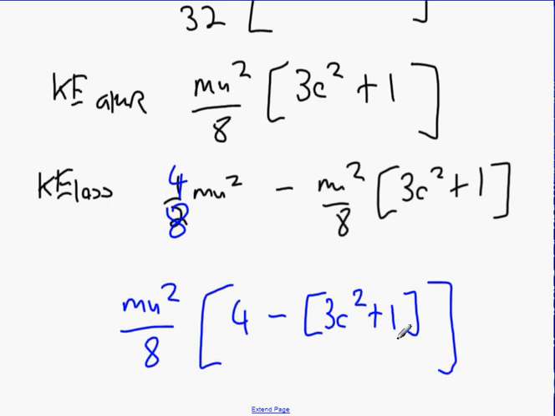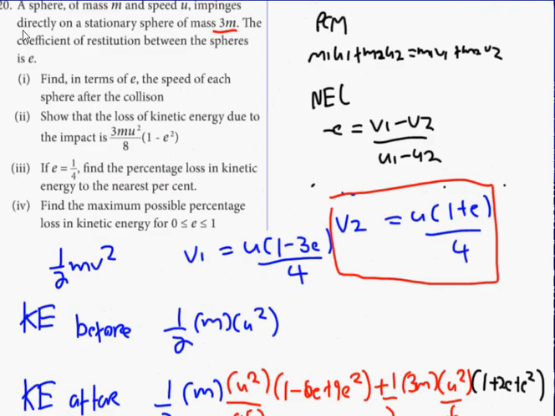Then alter that into 3 minus 3e squared. Going to factorize out the 3, and 3 mu squared over 8, 1 minus e squared. I'm only on part 2 now.